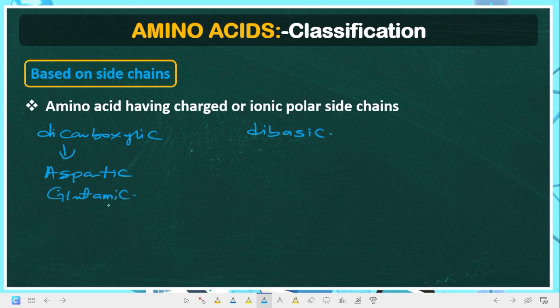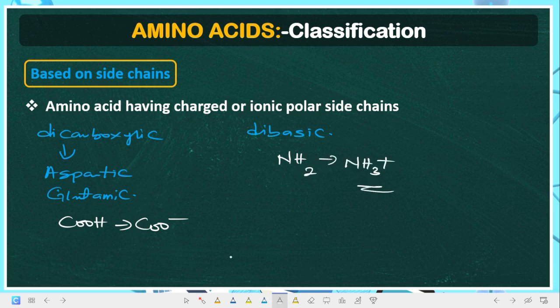Why? They contain two acidic groups, which is COOH. This COOH can ionize to give us COO negative. The same thing is applicable here. This contains NH2, which when protonated will give us NH3 plus. Are we getting this now? So that is that for that.